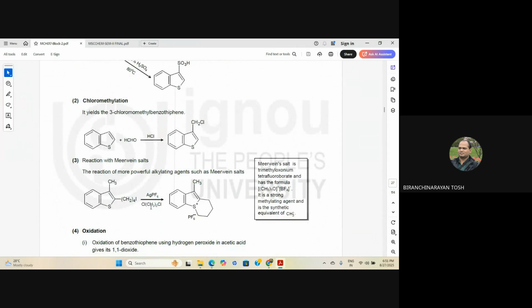Then with Meerwein salts, a mixture of silver hexafluorophosphate and dichloroethylene, ring extension takes place. So the reaction needs a more powerful alkylating agent such as a Meerwein salt.